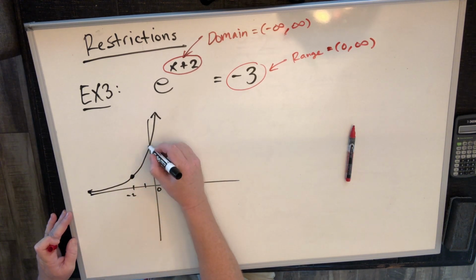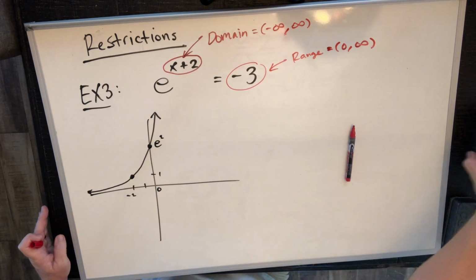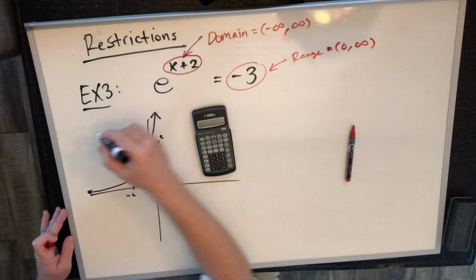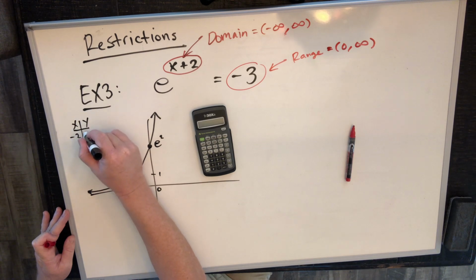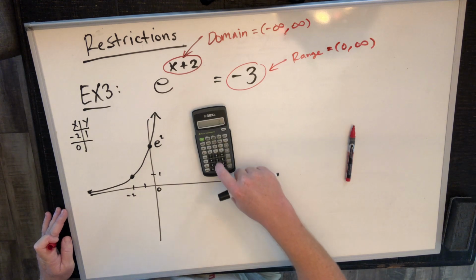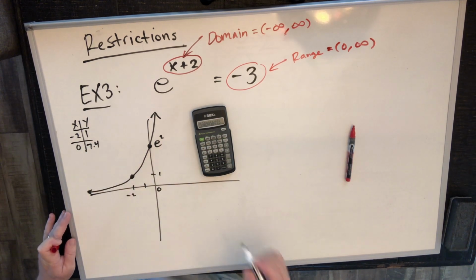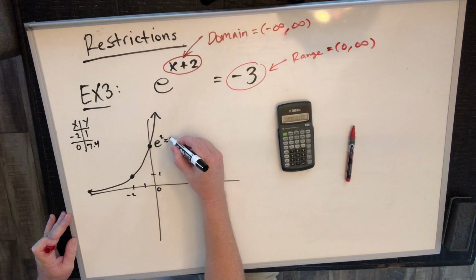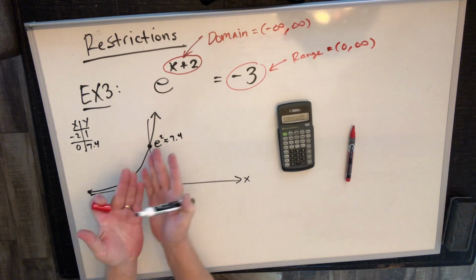At 0, the y value would be e squared, which whatever e squared happens to be. If we plugged in 0 for x, a little table of x's and y's. E squared is about 7, right? 7.4. So that's about where that point would be. 7.4.